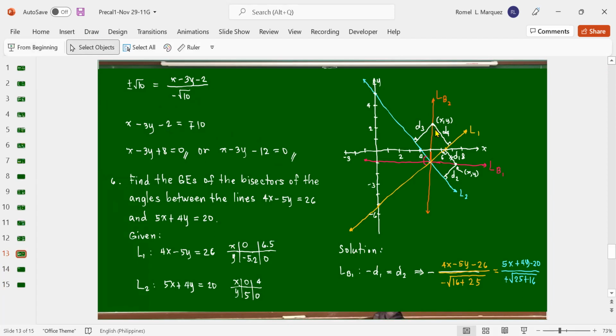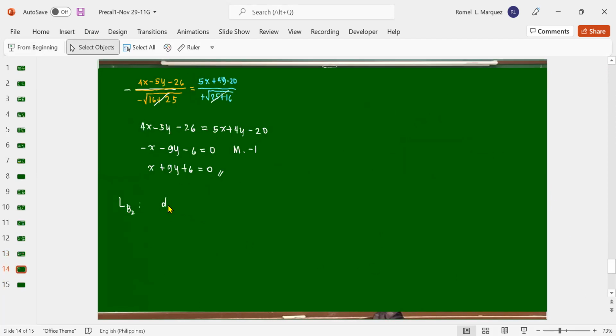And the directed distance of this point from yellow, positive. From blue, positive also. And they are supposed to be equal, no? They are exactly equal because the point XY is above both blue and yellow, no? So we say that D sub 3 is equal to D sub 2, I mean D sub 4. Okay?